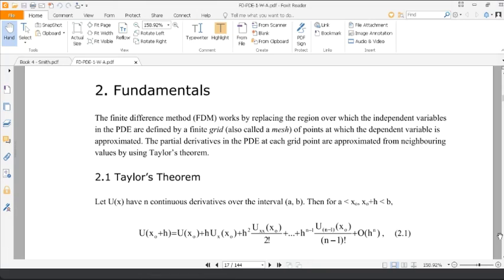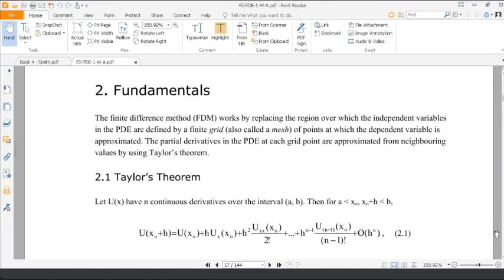Finite difference method, or FDM. I will try to explain the FDM to you. Know that FDM, or finite difference methods, are the fundamental tools for numerical solutions of PDEs and ODEs.